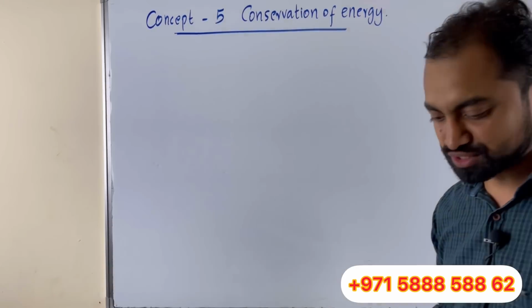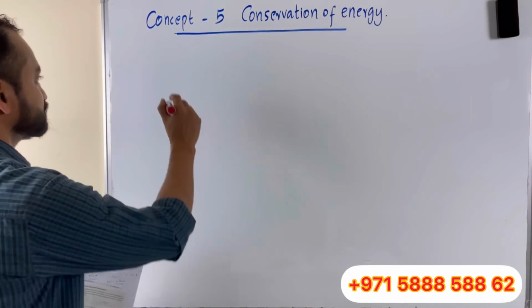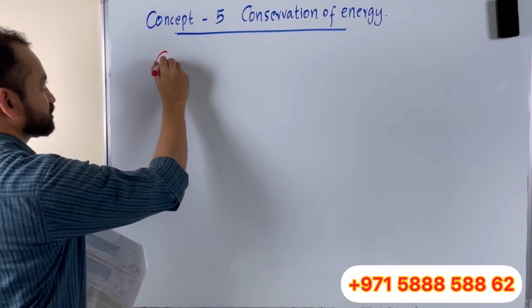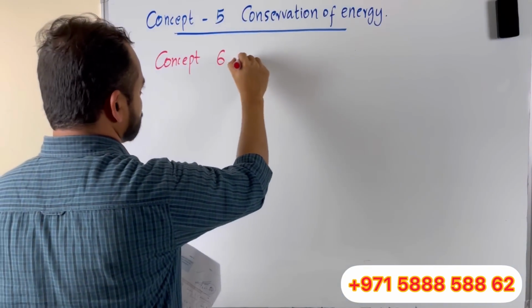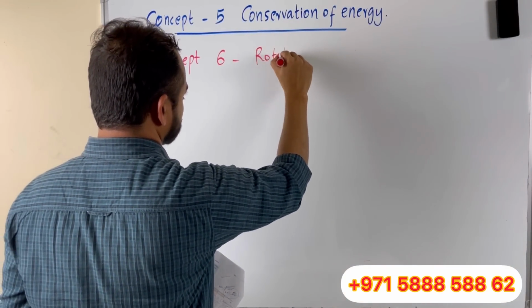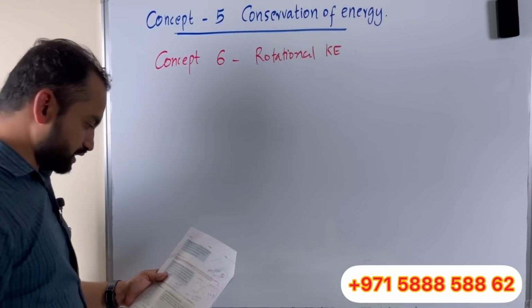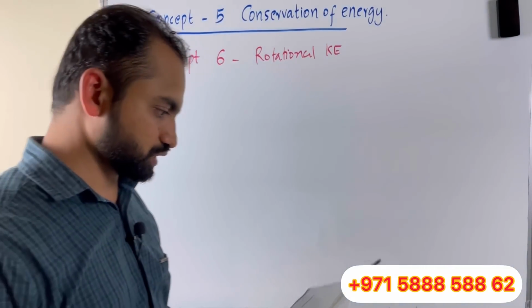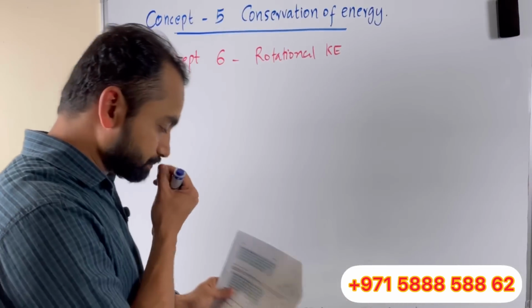Now our concept number 6 is the rotational kinetic energy. I will just write concept number 6, rotational kinetic energy. And we have only one question from this section, question number 6.